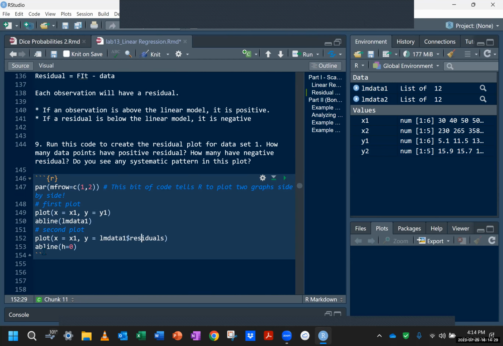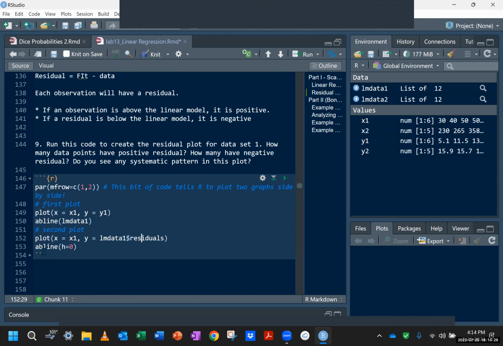Based on what we saw, I would say no systematic pattern. And that's important when we're setting up our linear model. One of the assumptions we're going to make is that we have to show our residuals are random. So let's do the same thing for data set 2 now.